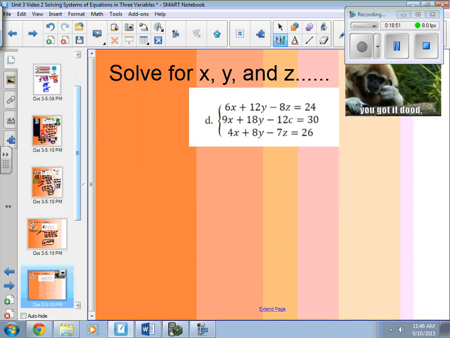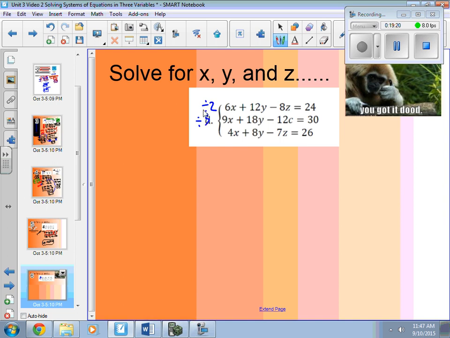Let's look at another one here. See if you can simplify these equations on D first by doing some dividing. All right, let's see what you came up with. Looks like the top equation, everything is divisible by 2. And it looks like the middle one, everything is divisible by 3.